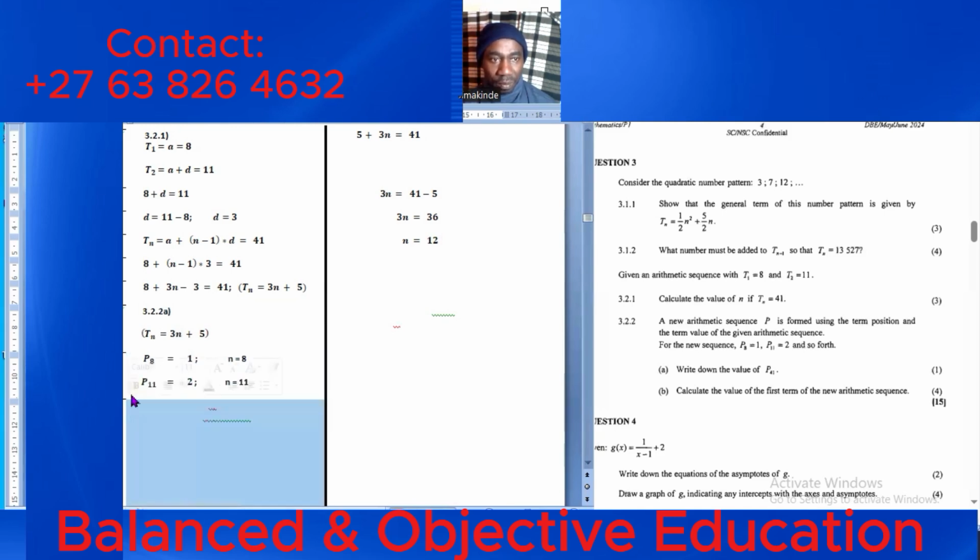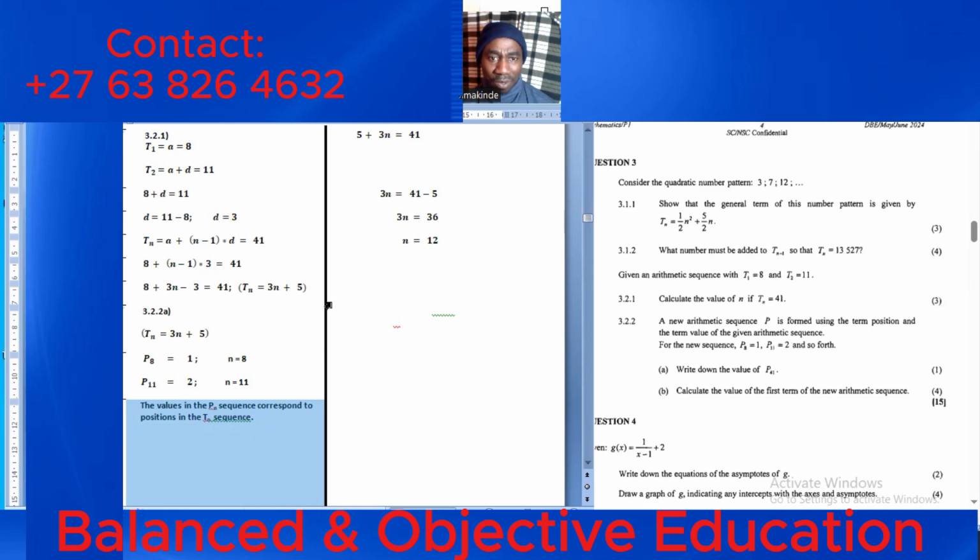Therefore, the values in the P sequence correspond to the position in the T sequence, and the position in the P sequence will correspond to the value in the T sequence.